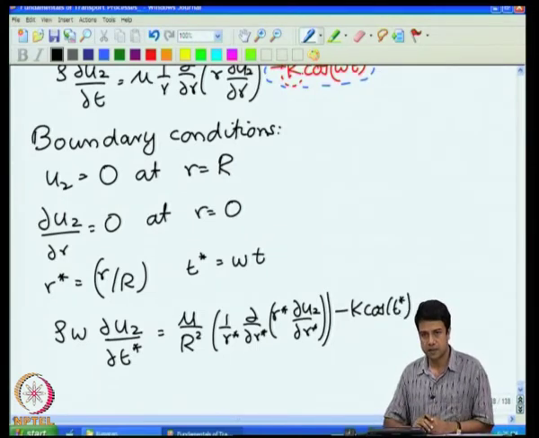So, that is the equation that I get in terms of the scaled coordinates. Note that on the last term on the right hand side, cos of t star is dimensionless.